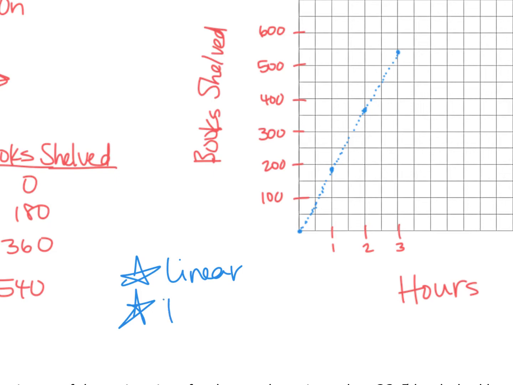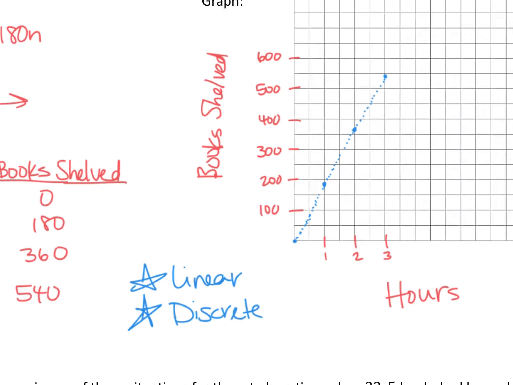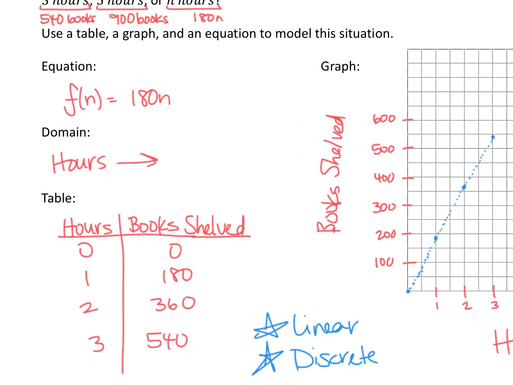So I'm going to say this is discrete. And over here for our domain in hours, or I'm going to just change it and say time, I'm going to say that it's going to be whole numbers for every minute. Okay.